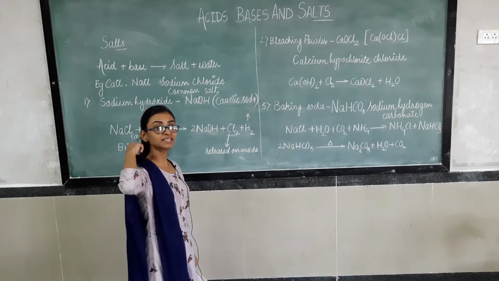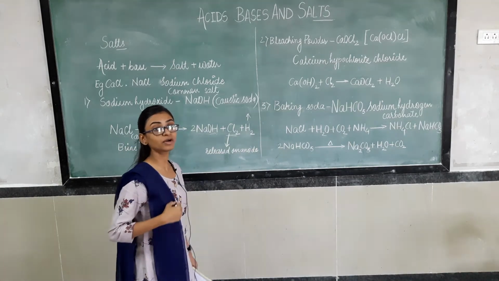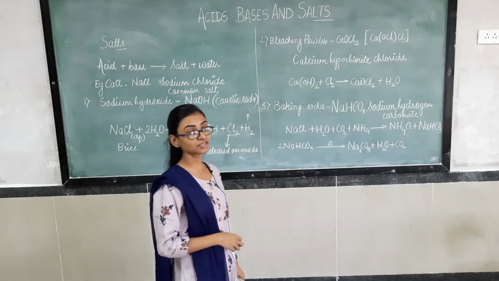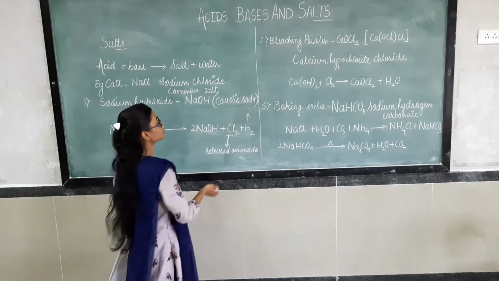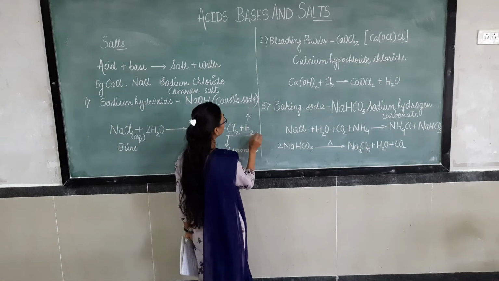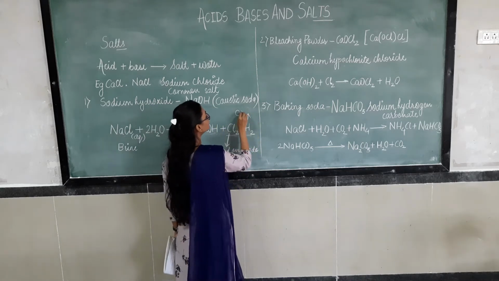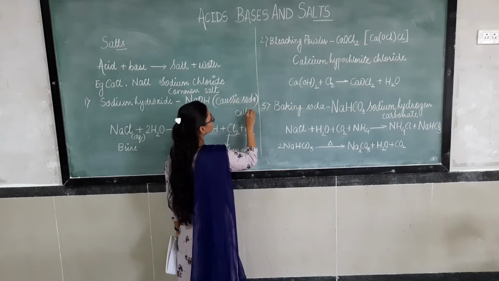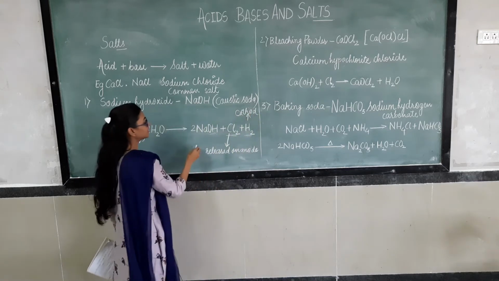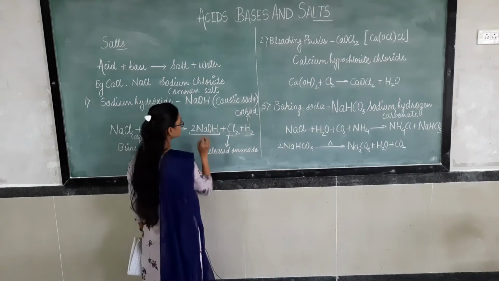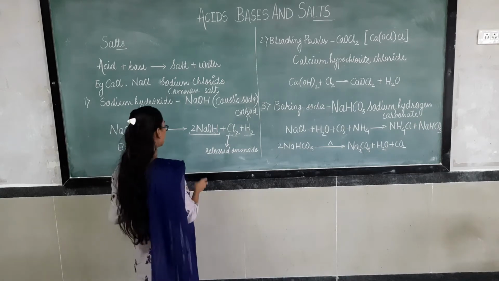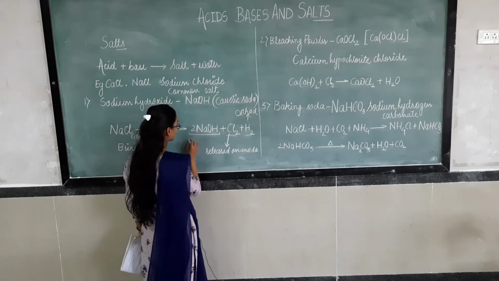Hydrogen is positively charged and the cathode electrode is negative in charge, so it will attract positive charge. So this hydrogen will be accumulated at the cathode, and the NaOH will form near the cathode.